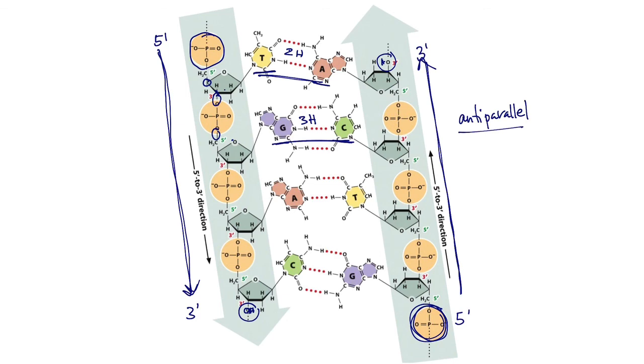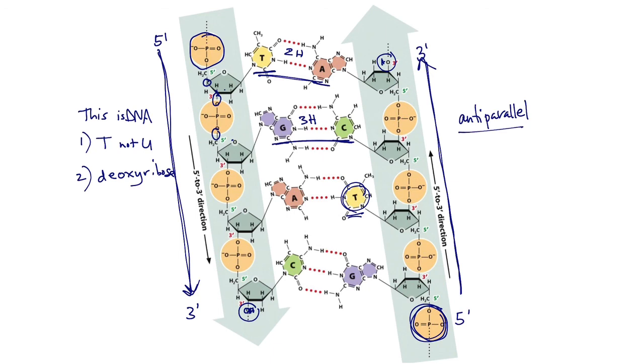I also want to point out that this is a double-stranded DNA molecule, and not RNA, for 2 different reasons. The first reason is we've got thymine, not uracil. If it were RNA, we would have a uracil here paired with adenine instead. And the second reason is we've got deoxyribose.